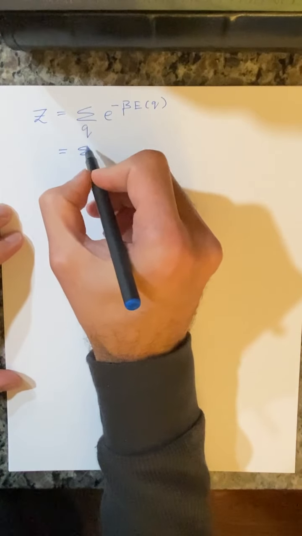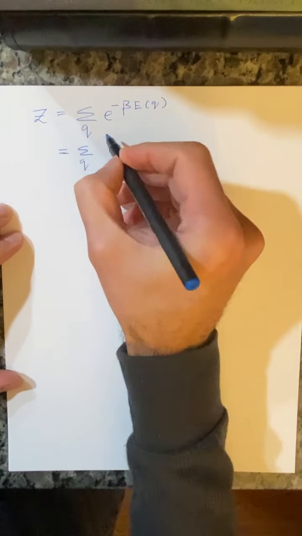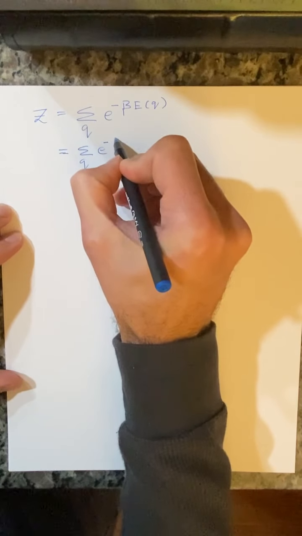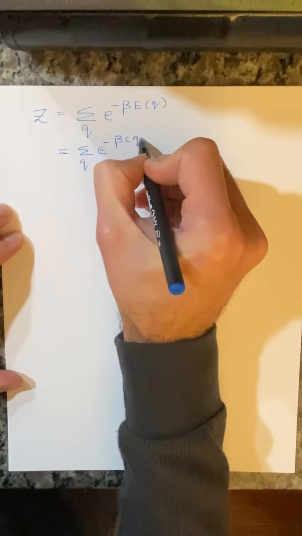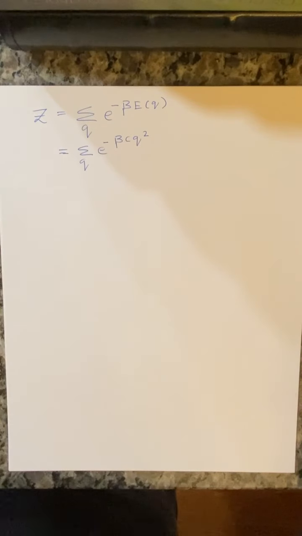Solve this further. Substitute the value for E of Q, so Z is equal to the summation of e raised to minus beta C Q squared. Right? Because the states are discretely spaced, separated by delta Q, as long as it is very small, I can multiply inside and outside the sum by delta Q. This is an easier way to evaluate the sum.